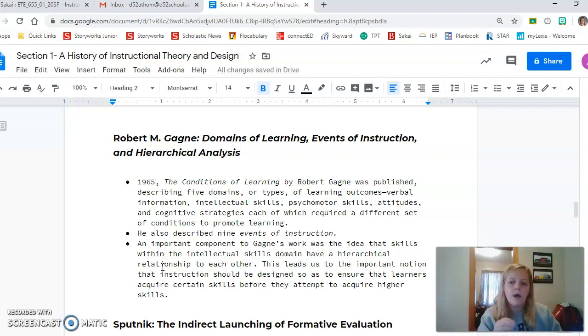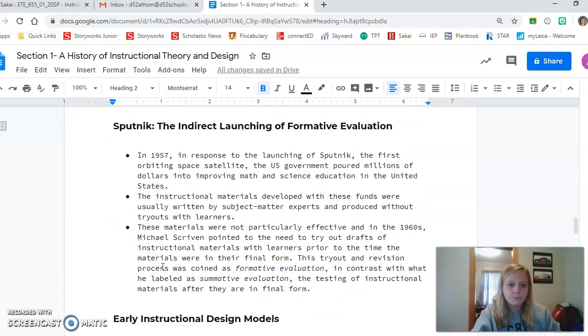Students have to build upon their knowledge. They can't just learn how to do multiplication if they don't know how to add. So you definitely have to acquire certain skills before attempting those higher skills.